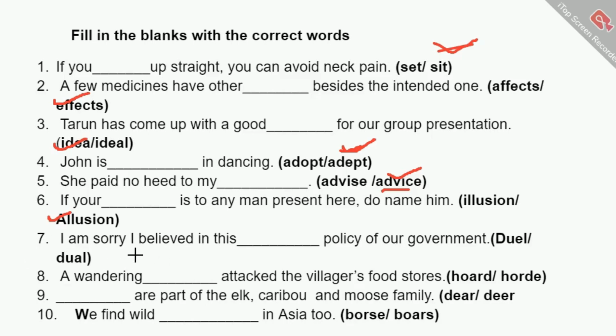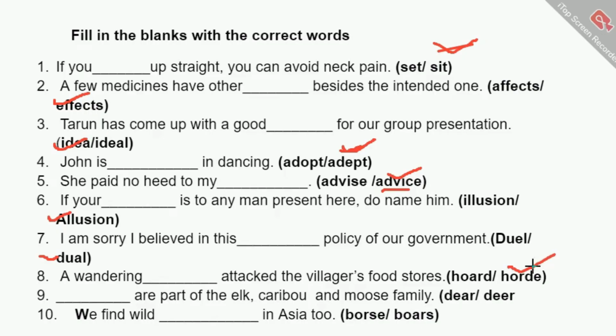Here we have DUAL, this dual that shows consisting of two parts or aspects of something, meaning the partial. Now next you have: a wandering dash attack the villagers' food store. Horde or hoard? Now here this HORDE, horde, shows a large group or crowd.